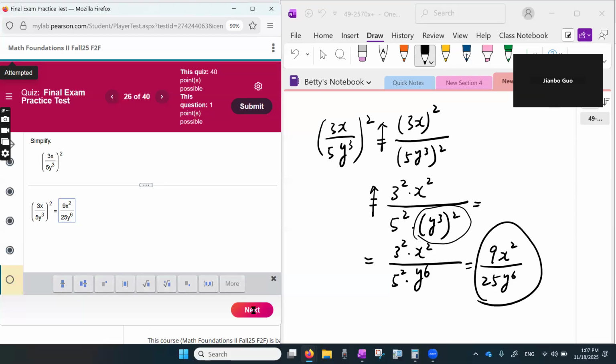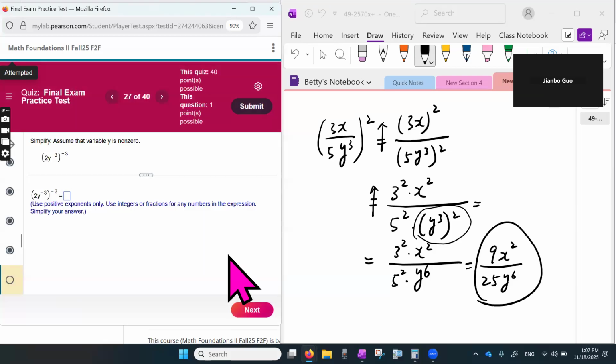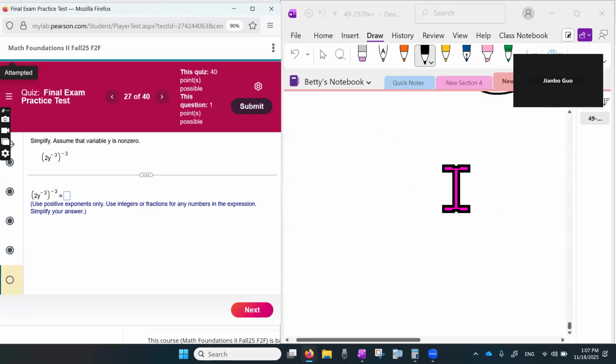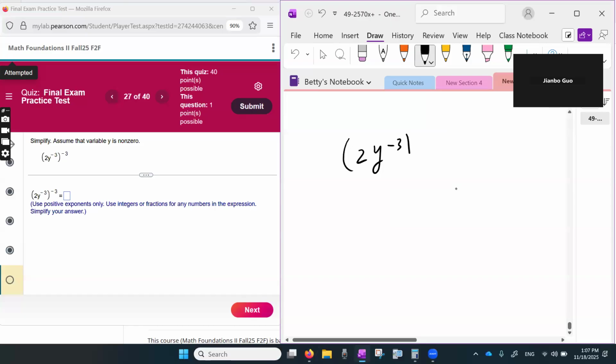Okay. Next. This is a power of product. Firstly, I see a power of product. I do not worry about the negative exponent because I know if I apply the power rule, later I will not have a negative on the shoulder of y. So this is the power of a product. The base is a product.